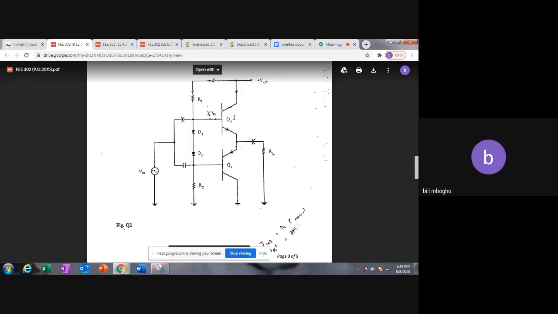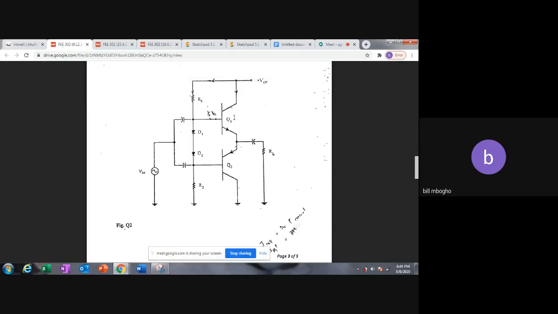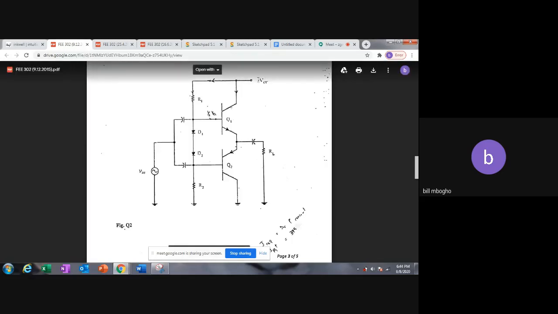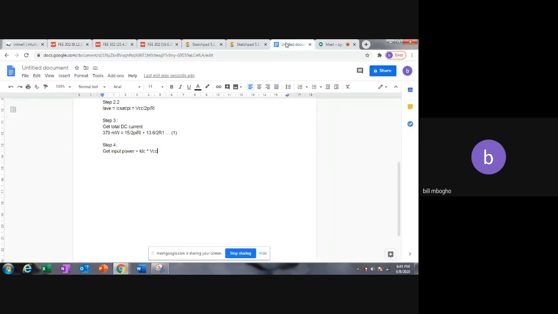That's why we have to multiply it with VCC. If you remember in the previous topic on direct coupled amplifiers, to get the total power we did the total current times the total voltage. That's why we multiply by VCC.